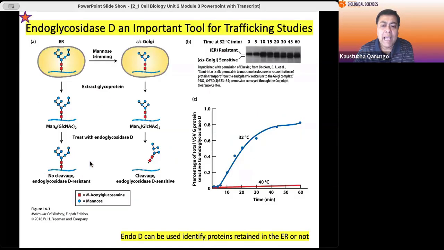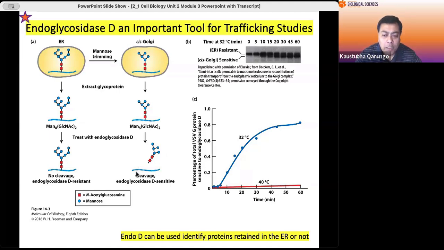Based on that, we can tell where the protein is. Once you extract the glycoprotein, you treat it with the endoglycosidase. The 8 mannose form has no effect from endoglycosidase D, whereas if you have 5 mannose, the mannose is cleaved from the protein.